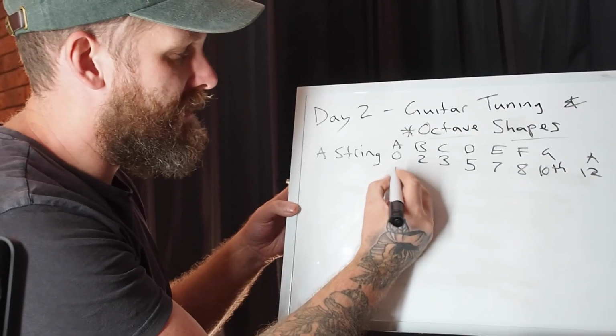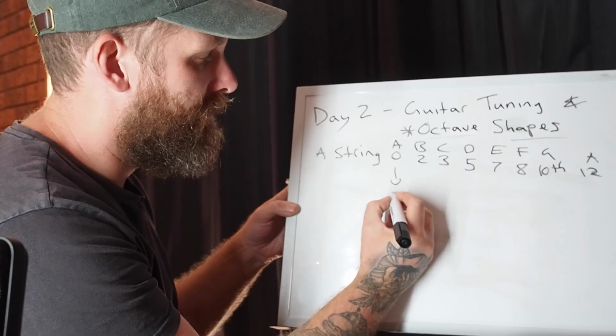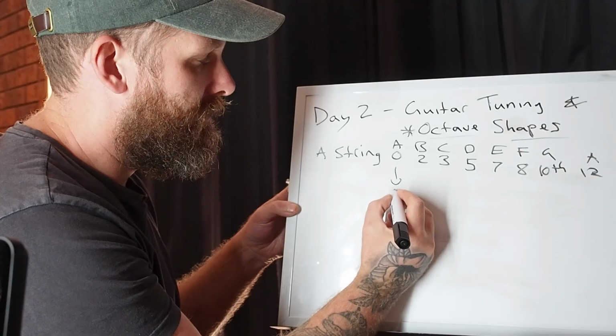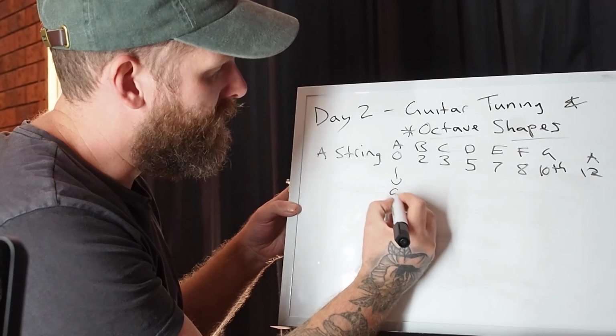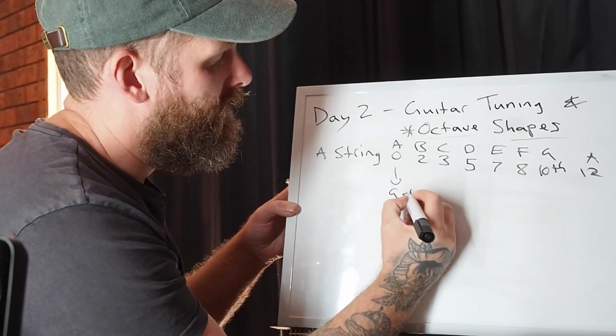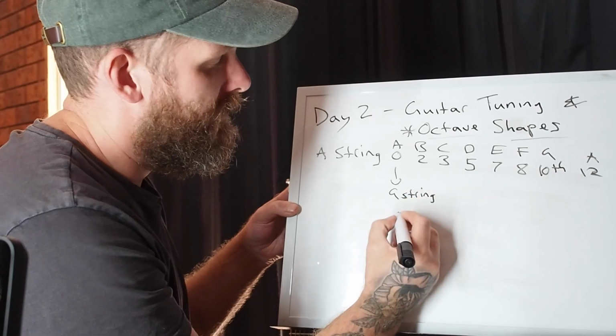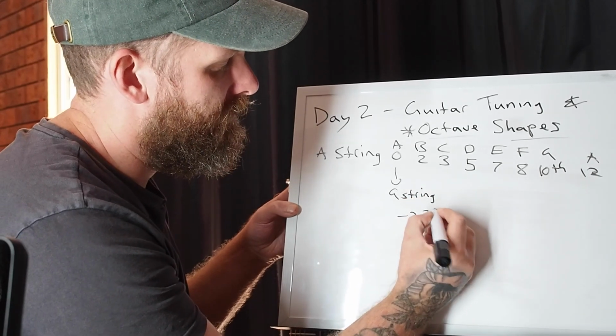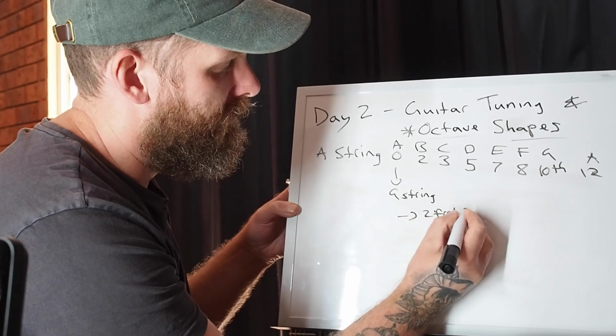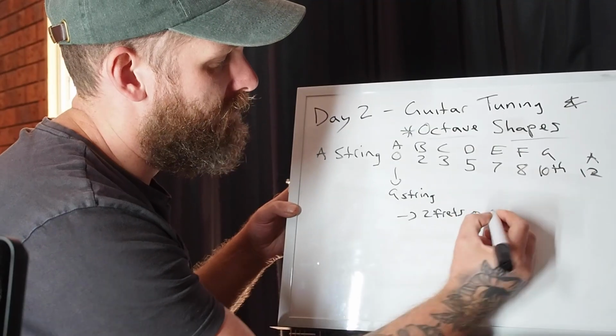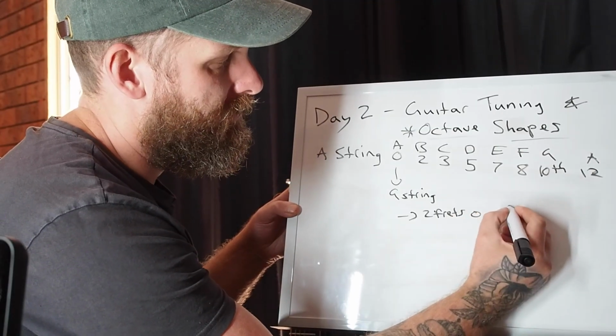Okay, so from A, open, so down 2 strings. So from the A string down 2 is to the G. And you go across 2 frets. So from an open across puts you on the 2nd fret.